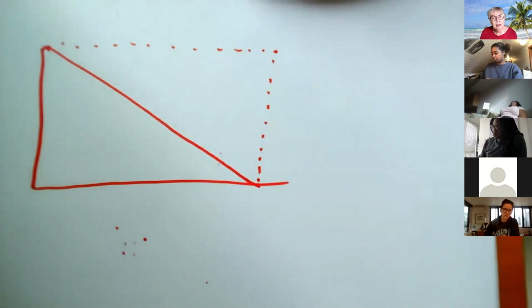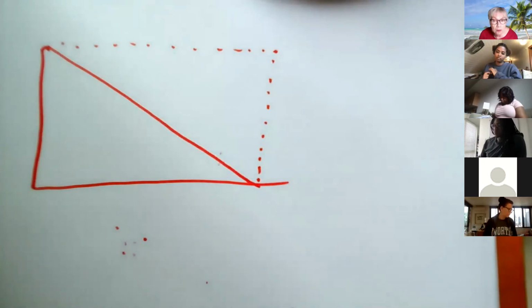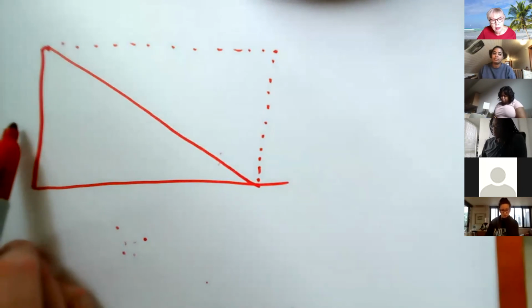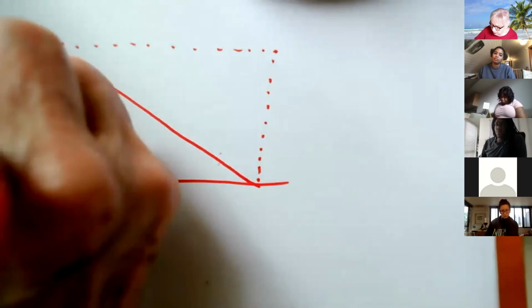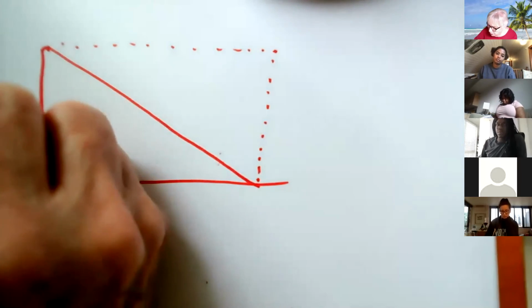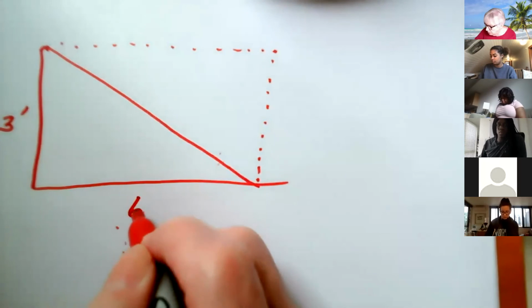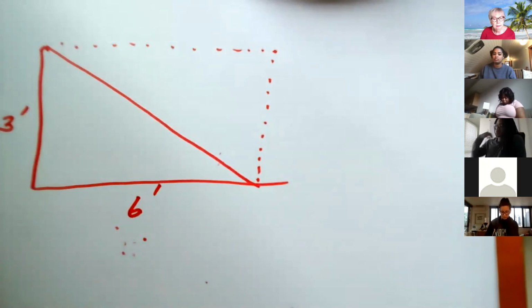How does this triangle compare to the rectangle? Can anybody say? It's half. Well, if you can see that visually, you've got the formula. Because if this was 3, and this was 6, let's see. Let's have this be 3 feet. Remember, this little mark was for feet, and let's let this be 6 feet.